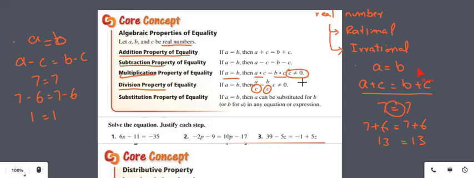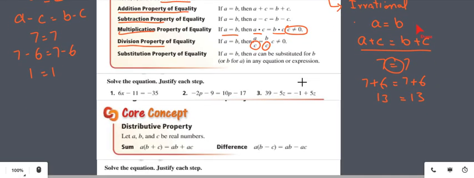Then the next is a very interesting property, the substitution property of equality. If a equals b, then a can be substituted for b, or b for a, in any equation or expression.